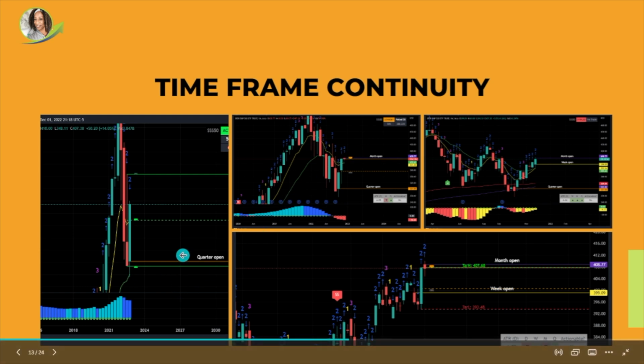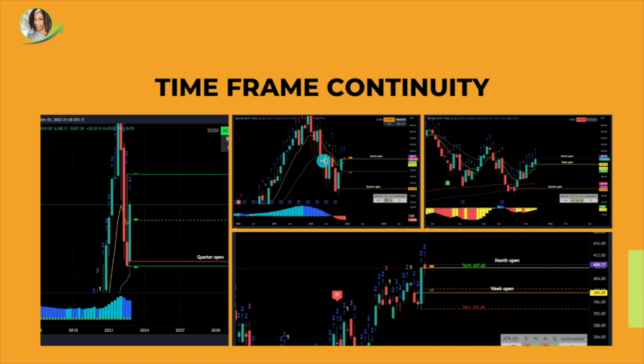If you look at it, we see where the quarter open is and where we are on the month. We're pretty far away from the quarter open. I did this on December 1st, 2022, right before SPY did its thing where it is now. You can see where I marked where it opened for the month and where it is in relation to the quarter.